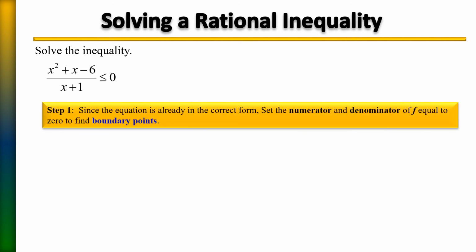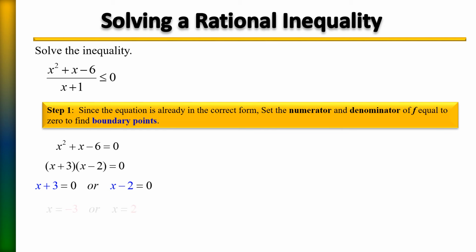So I'm going to go ahead and factor the top. Once I factor the top there, that's going to factor into x plus 3 times x minus 2. So we can see from the top, 2 of our boundary points is going to be -3 and 2. And then when we take the bottom, we're going to have that boundary point of -1.